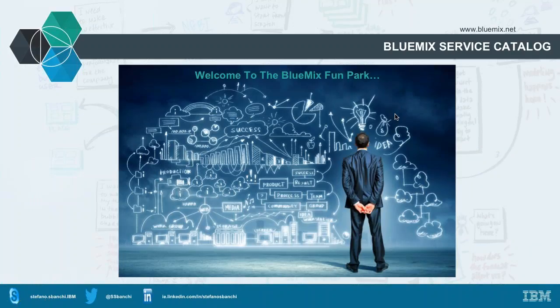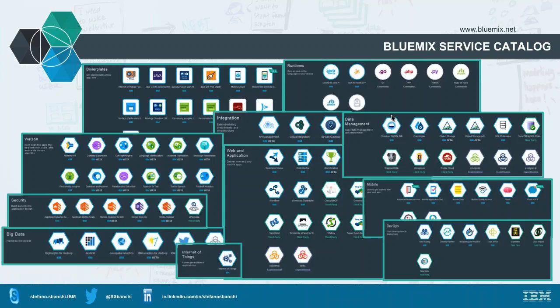Bluemix is based on a list of services, that is the catalog, and you can choose from a lot of pre-built applications, features, and services. But I will show you better in the live demo how to access the catalog. These are the sections of the services available. The core, the nutshell, are the runtimes. Plus, over the runtimes, you can choose from a lot of kinds of services.